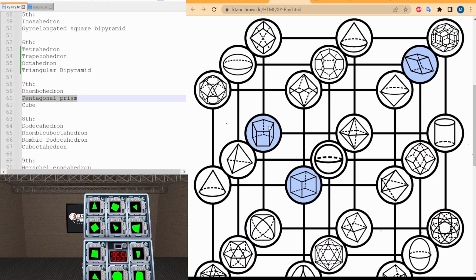So let's start with Pentagonal prism. It has 10 vertices and 2 pentagons.